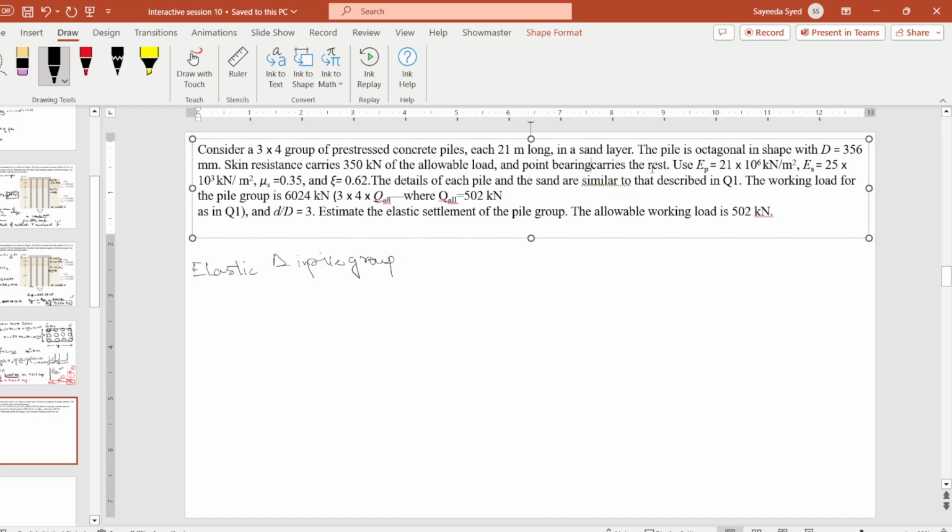square root of, we have to calculate the B. This is a 3 into 4 group.